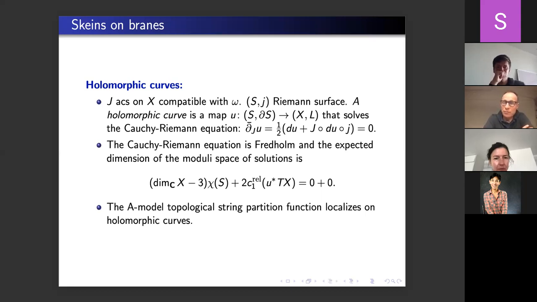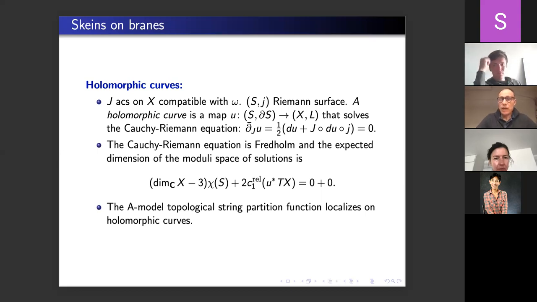In our case, the Maslov zero and Calabi-Yau condition kills this Chern class term, and the other term is killed since we're in complex dimension 3. So one would expect the solution space to be just a zero manifold.